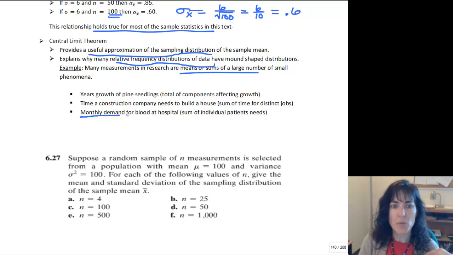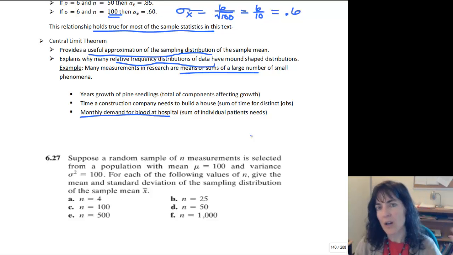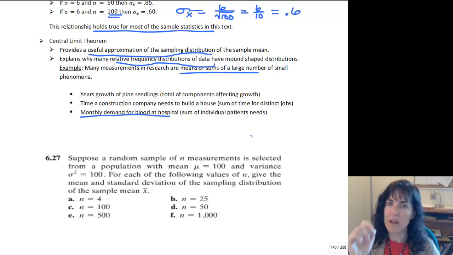For example, the monthly demand of blood at the hospital, we're looking at the sum of how much each patient needed in a month, and so it's already a sum, and then we're doing a distribution of the sums of everybody, and so that makes it more mound shaped because it's the sum of sums kind of thing.